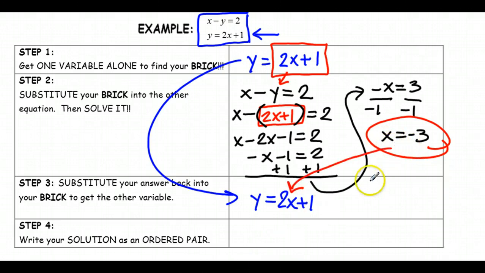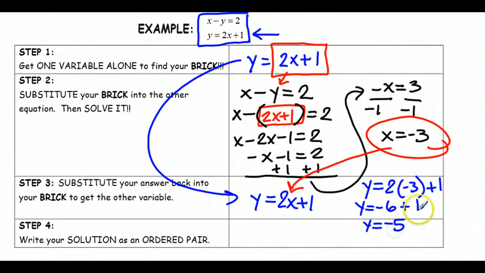So we get y equals 2 times negative 3 plus 1, which is y equals negative 6 plus 1, which is y equals negative 5. So the solution to this linear system is negative 3, negative 5.